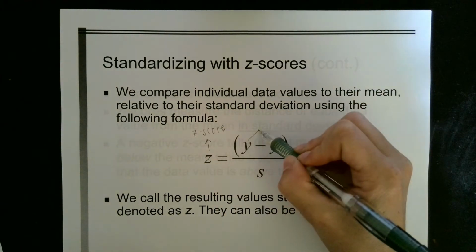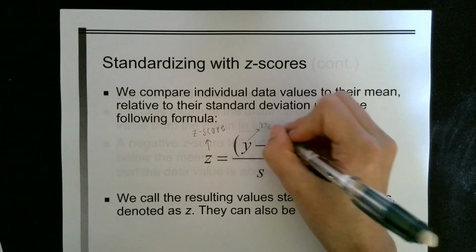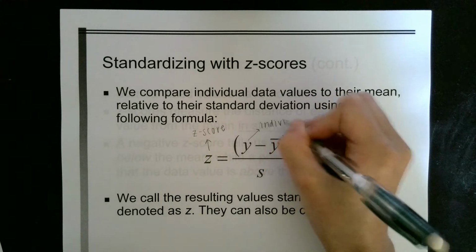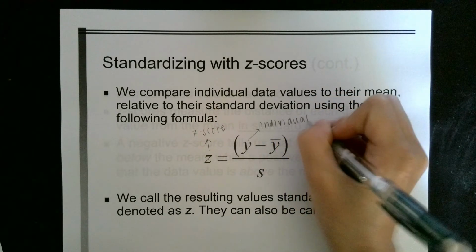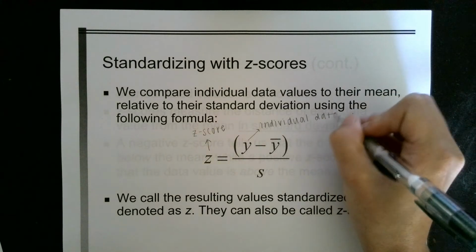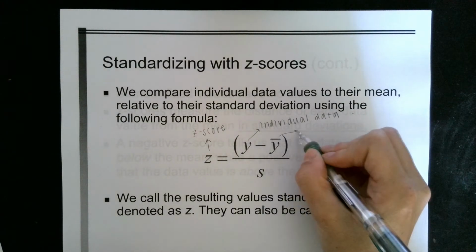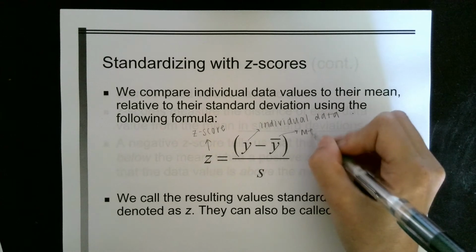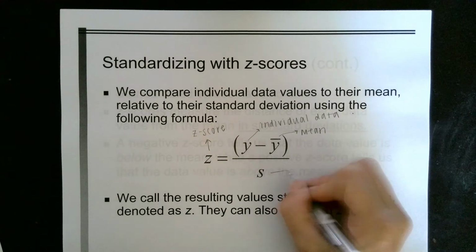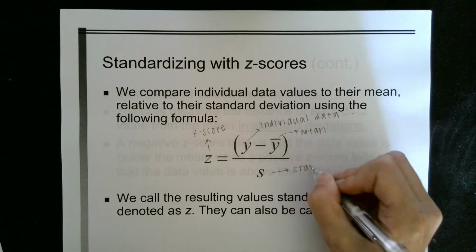The y is your individual data point. Y bar, we've seen before, this is your mean, and s is your standard deviation.